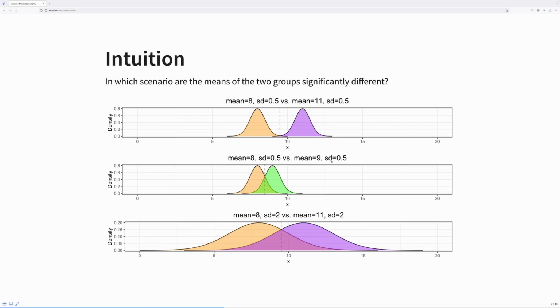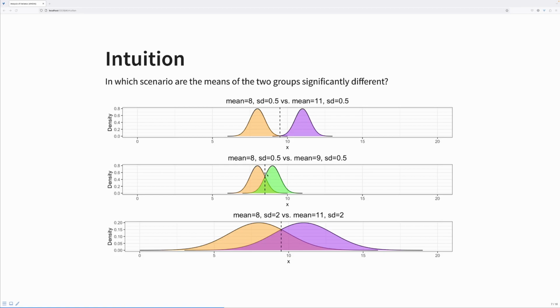Let's understand ANOVA from intuition. In which scenario are the means of 2 groups significantly different? In the first scenario, we have 2 normal distributions with means of 8 and 11 and a standard deviation of 0.5. They barely overlap, right? In the second scenario, the 2 groups have means of 8 and 9 and the standard deviation is unchanged from the first scenario.